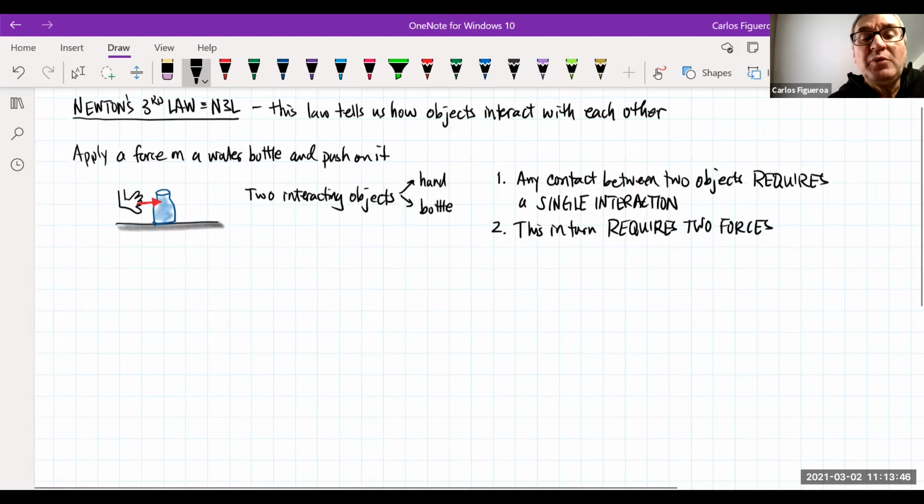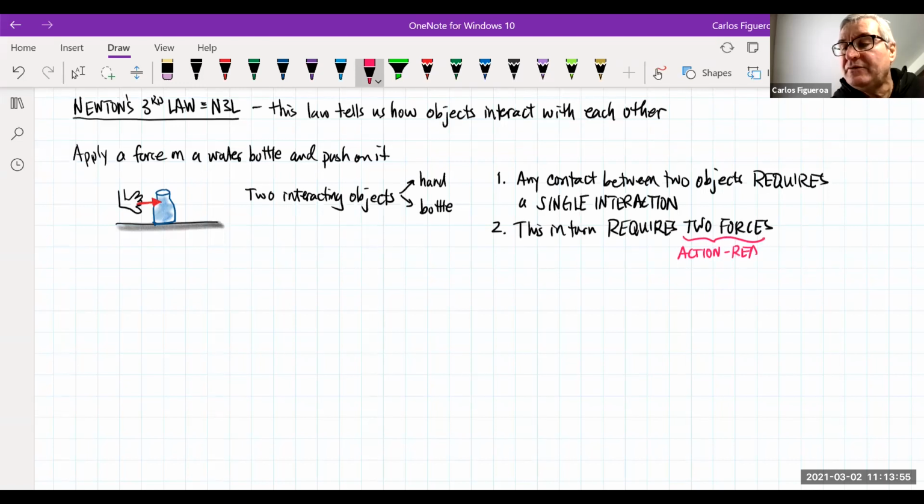And these forces are typically called the action and reaction forces. Newton's third law really sets this up.